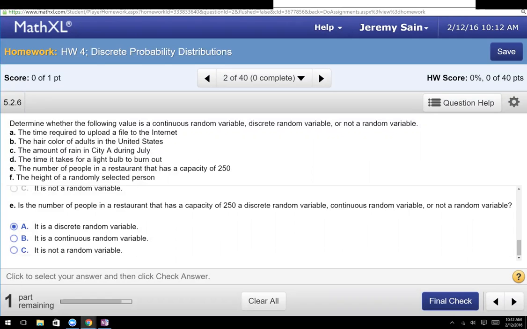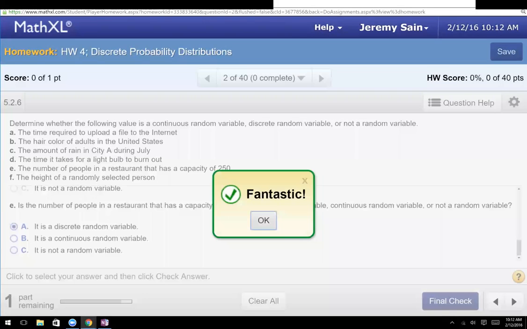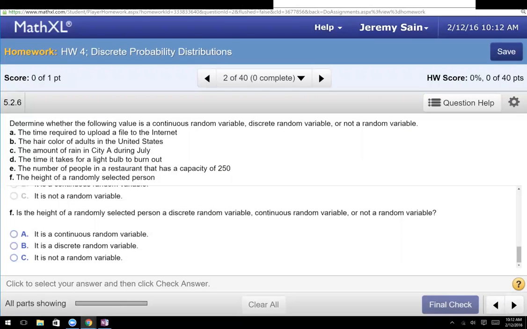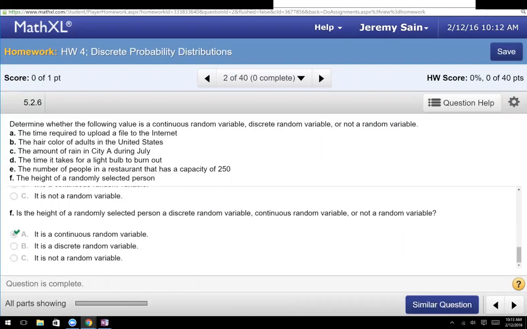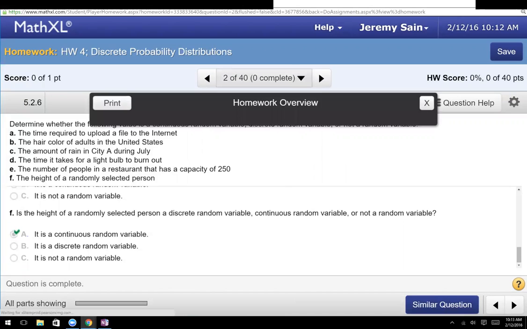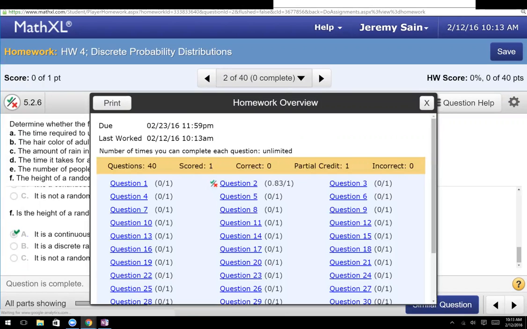And so, okay. The height of a randomly selected person. Continuous. Okay. So that was not too bad.